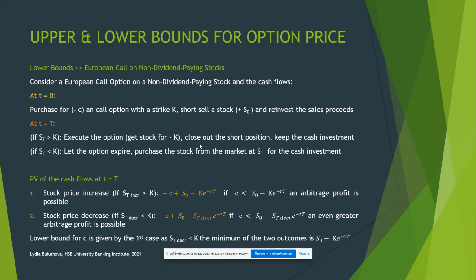At maturity, if an asset price is greater than the strike price, the option is in the money and I execute the option. So I pay minus K to purchase the stock. I close my short position that I opened at time 0 when I short sold the stock. I keep the cash investment.